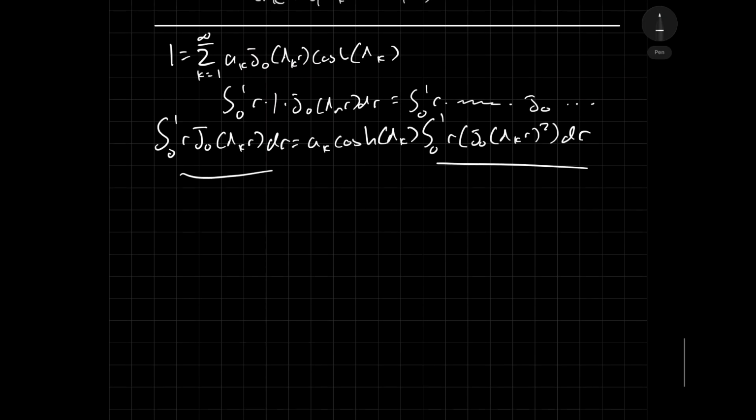To get that, first let's do the left-hand integral. Doing the left-hand integral, you'll directly get that this is equal to j1 of lambda k over lambda k. And why is this?